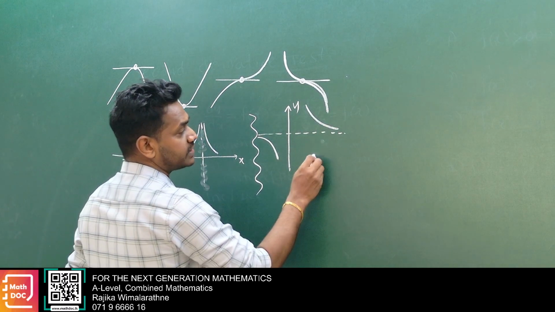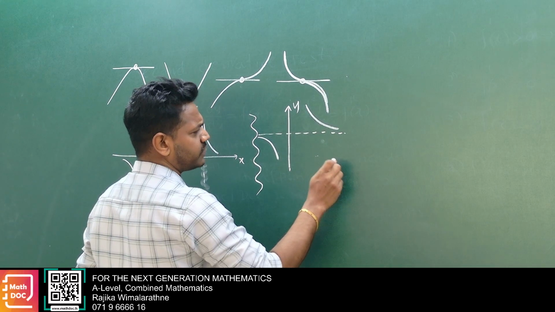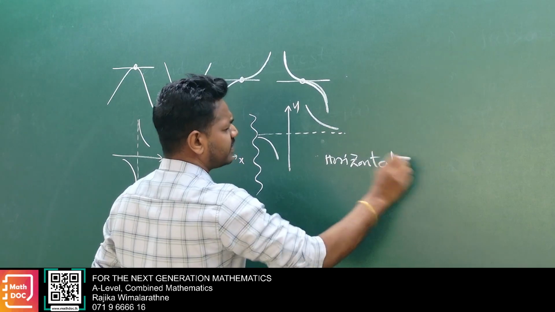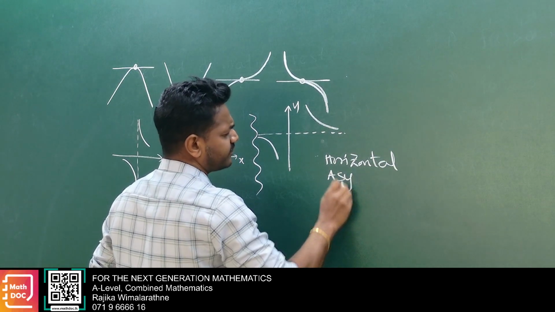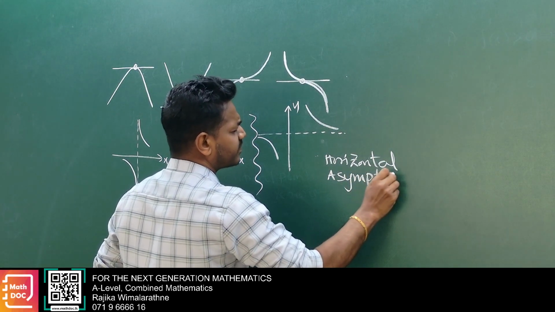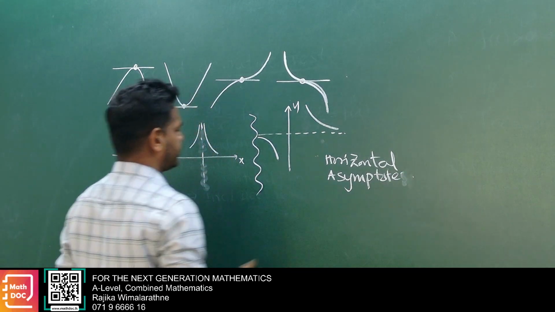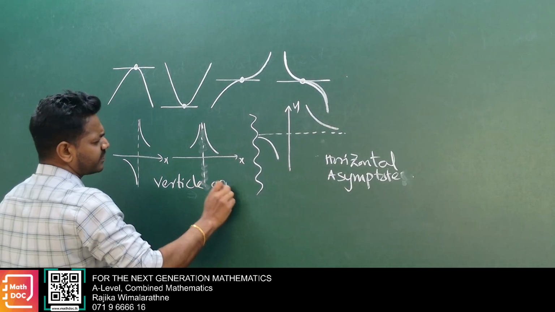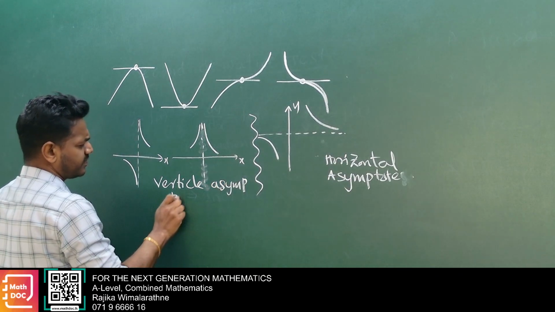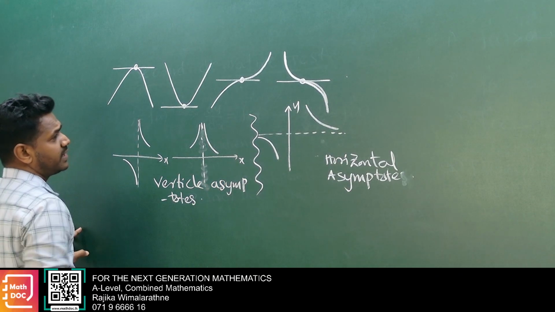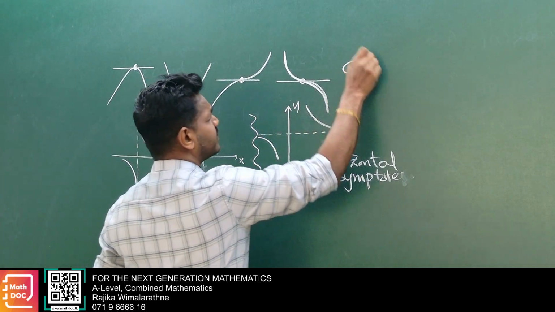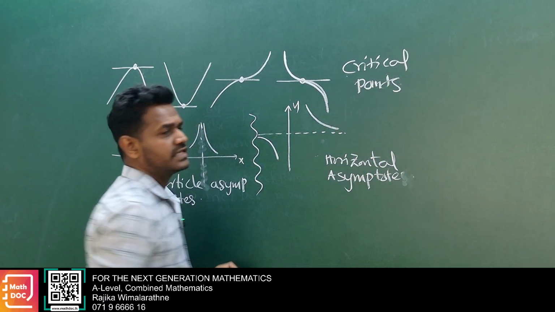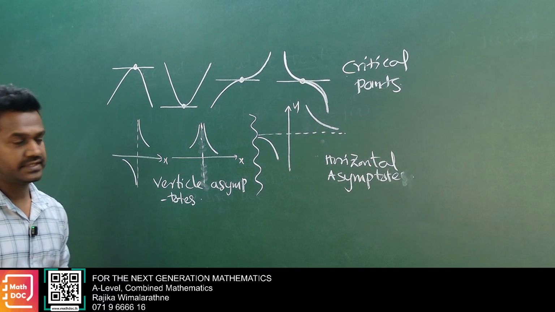This is called a horizontal asymptote. Here vertical asymptote, and here this is called a critical point. These are special points, special shapes.